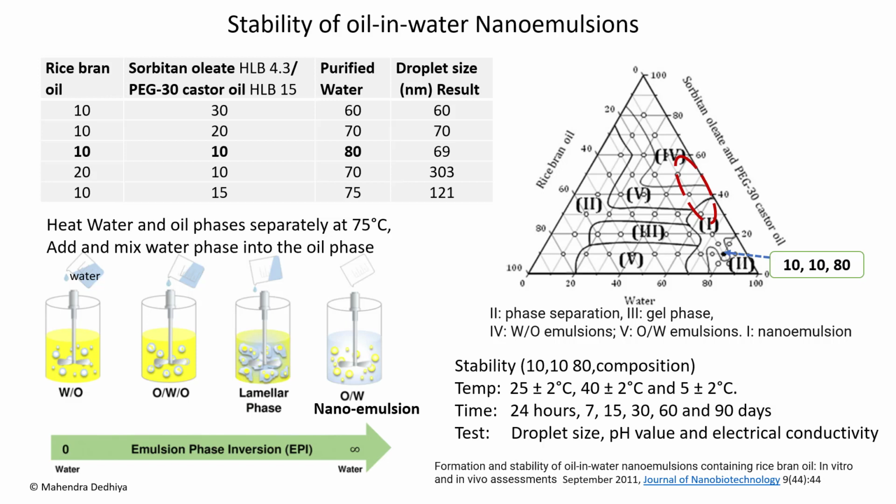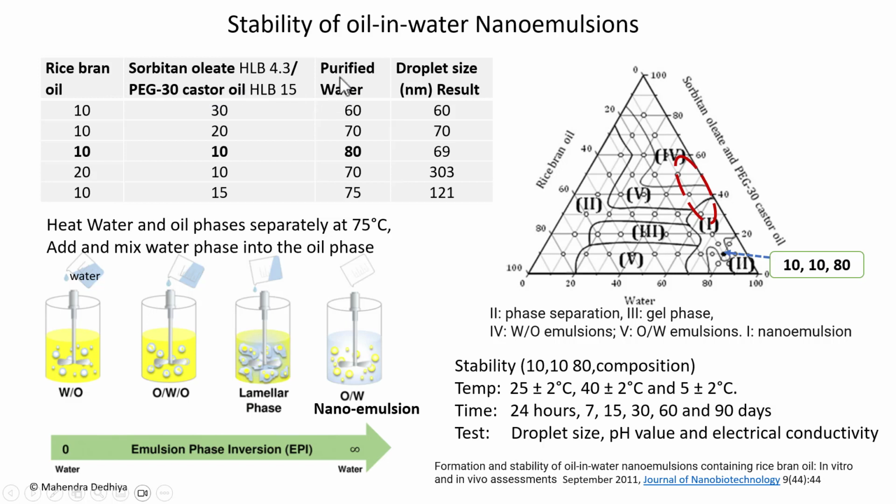Let's look at research formulation and stability. Stability is conducted on nanoemulsions, and we know that nanoemulsions are generally more stable compared to the macroemulsions of the same formulation. Rice bran oil, sorbitol oleate, and PG30 castor oil are used as surfactant.